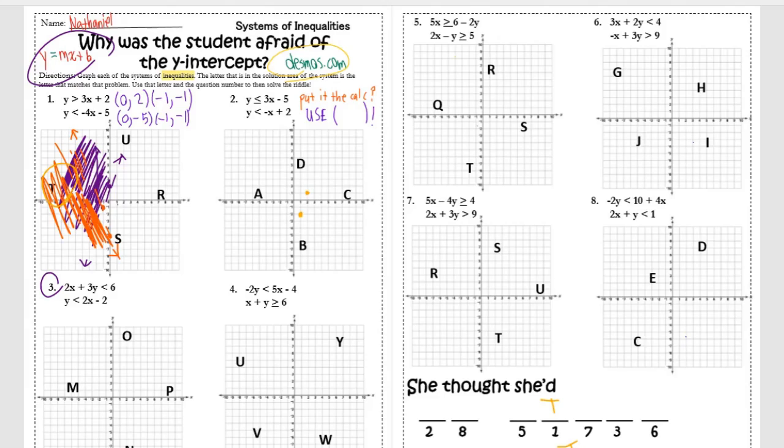It is y is less than or equal to, so we're going to have a solid line. Since it's y is less than or equal to, we want y values that are less than negative 5. Less than would be like negative 6, negative 7, negative 8, etc. So we're going to shade in this direction.